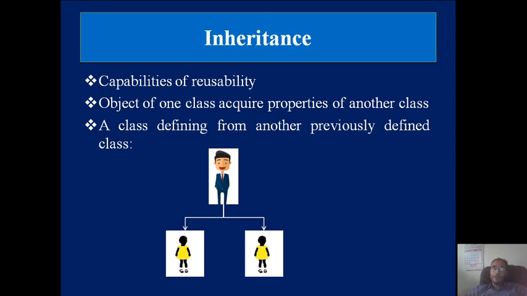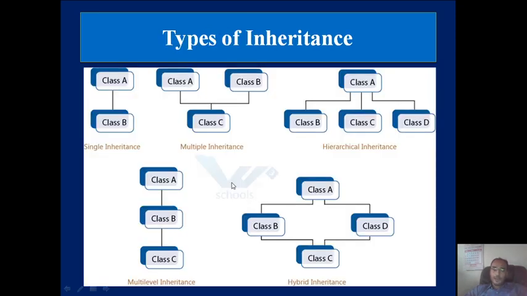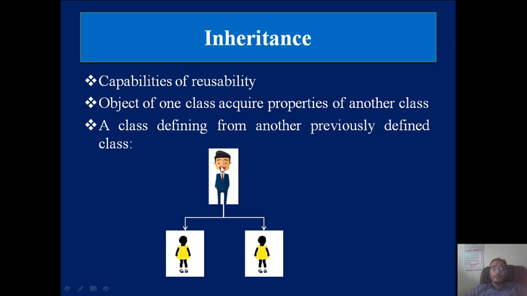Instead of redefining from scratch, you can inherit functionalities and features from a previously defined class. Whatever the genes and characteristics of the father are there, all those characteristics will be available in both the children, and both children will have their own individual characteristics too, right? So this is the best example to explain what inheritance is.